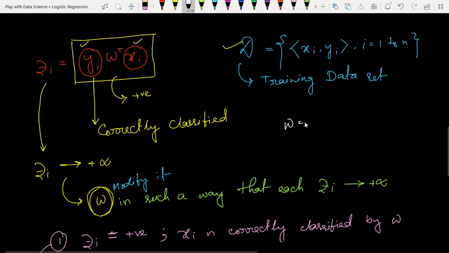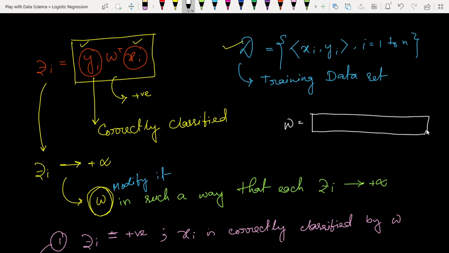W is a vector, a set of components. This block diagram of w is w1, w2, w3, similarly wd. W is a d-dimensional vector, as we called it previously.